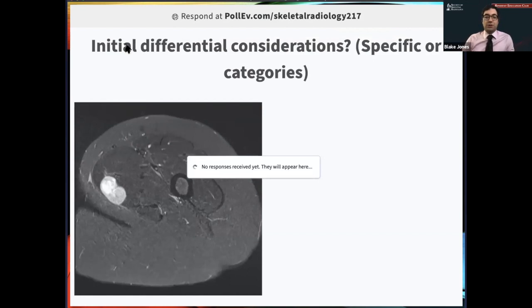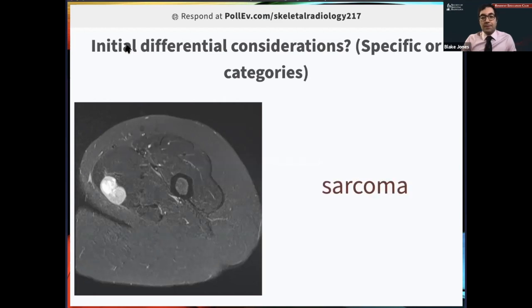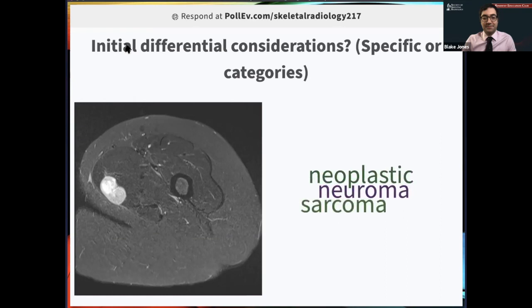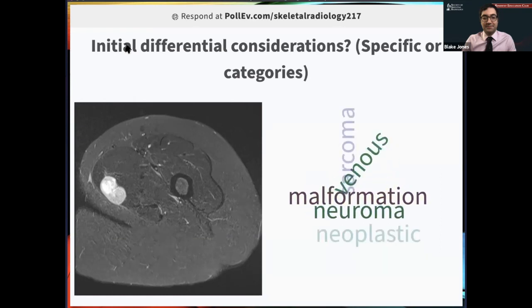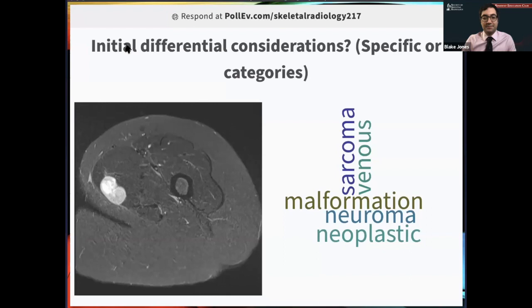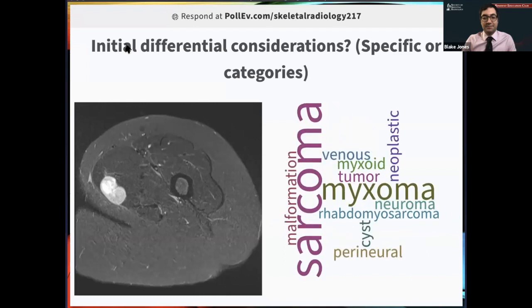A more interesting question then, as I think most people probably saw that right away: go ahead and tell me what things you're considering in your differential diagnosis. Excellent.